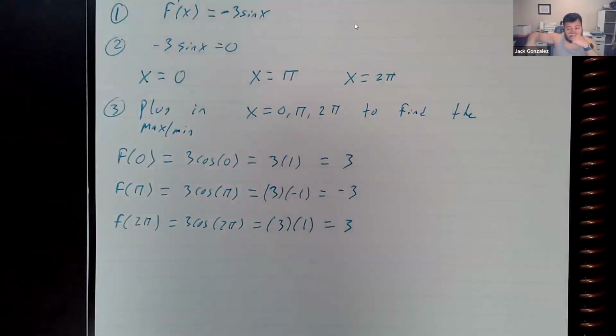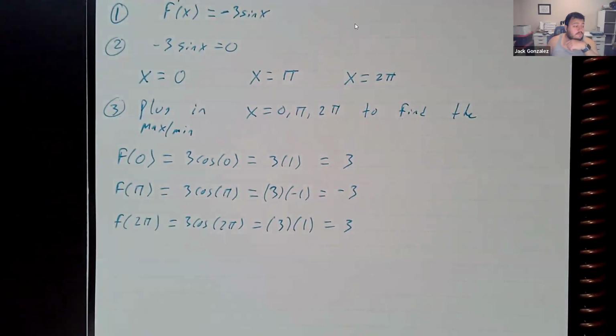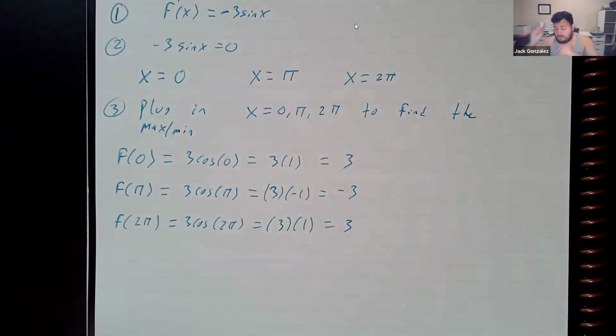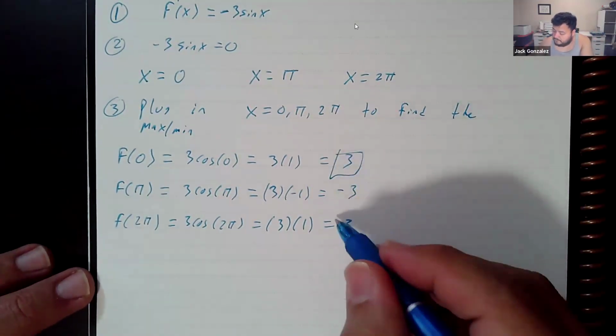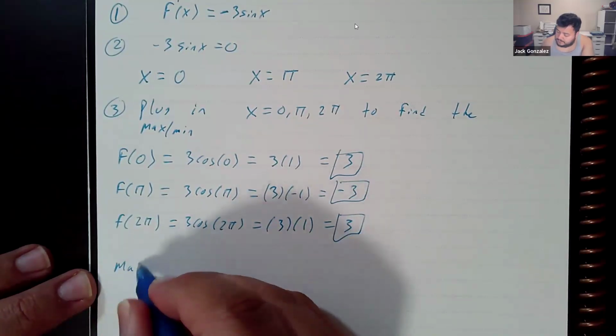It keeps going forever, so it's going to keep hitting peaks over and over again and valleys forever. But if we close it off on 0 to 2 pi, you'll have a couple, right? So we have two maximums and a minimum.